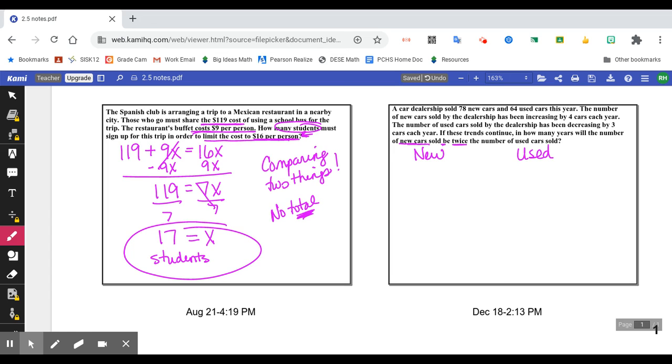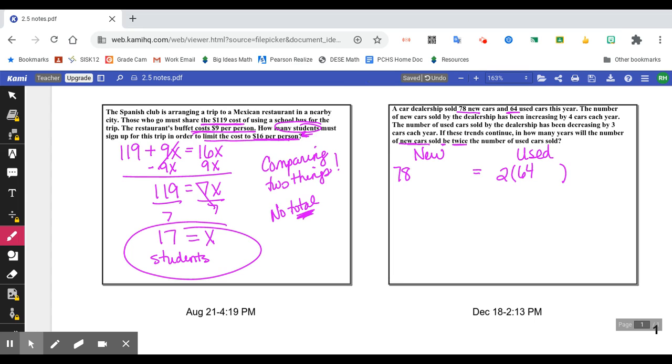So I know that anything I do, I'm going to have to take this side times 2 because I want this side to be equal to 2 times as much. Okay, so let's go back. A car dealership sold 78 new cars, so 78 new, and 64 used, so 64.